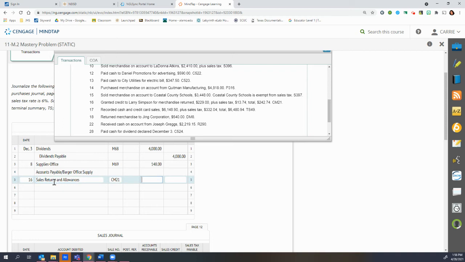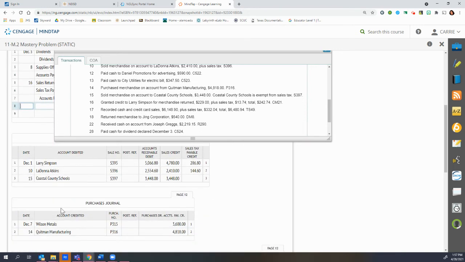I'm going to stop me when I'm doing things wrong. 229, and then sales tax payable. $13.74, and then the total is to accounts receivable for $242.34. Okay.